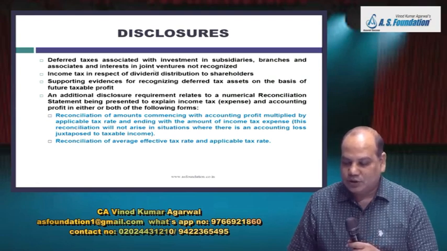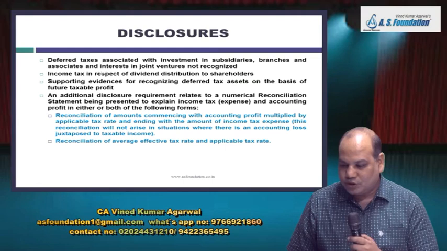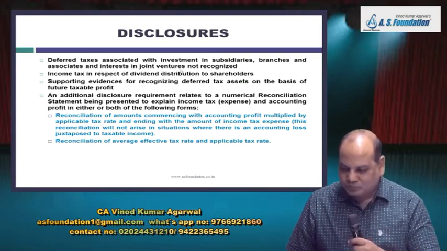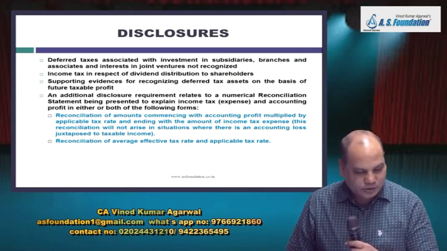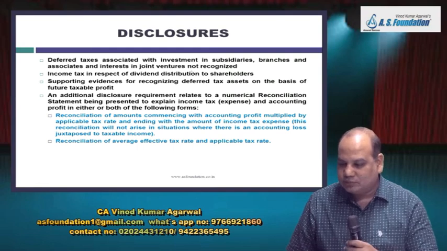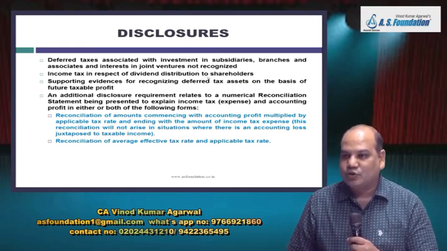Deferred tax associated with investment in subsidiary, branch, associate, interest in joint venture, not recognized, that you disclose. This portion actually we have not discussed much in detail. Deferred tax related to these group entities. Then income tax in respect of dividend distribution to shareholder.